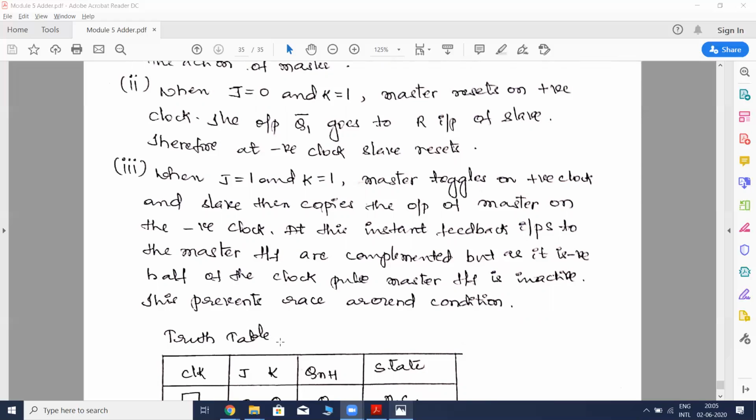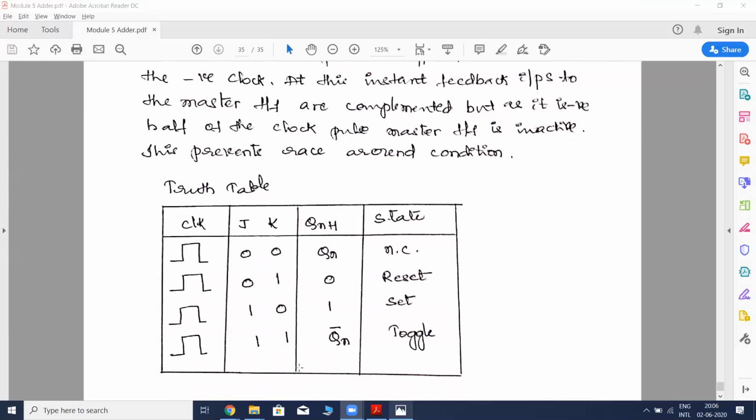Now the feedback is available, but at that instant the master is inactive, because it is the negative half of the clock pulse. Since the master is inactive, it can't toggle like that, so it can't change the state continuously. This is going to prevent the race around condition.